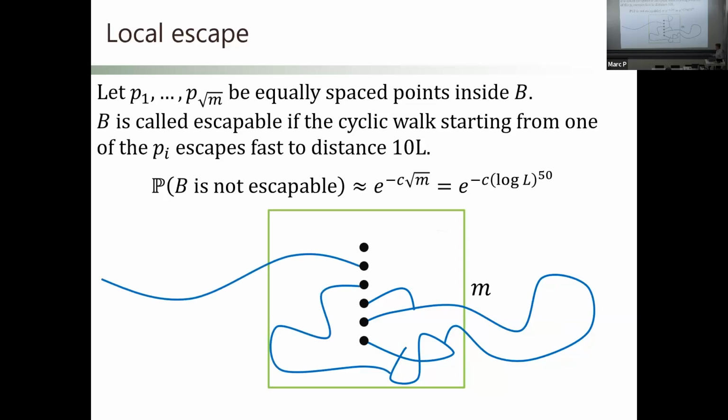But we're likely to get at least one that quickly moves away from the box and gets us away from the tangled region. Essentially, these are each independent trials, so the probability of them all failing should be like e to the minus a constant times square root of M, which is really, really small. So in any local neighborhood, with very, very high probability, there'll be at least a few escape routes if you can get to them.